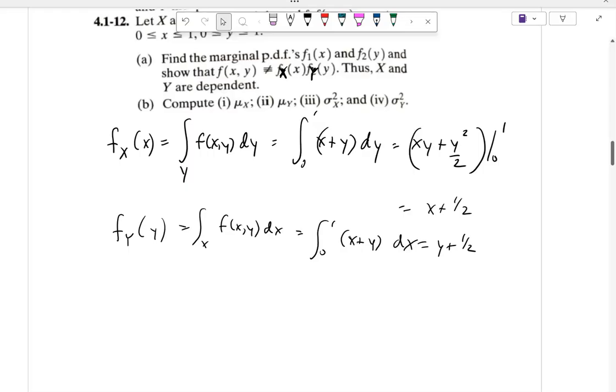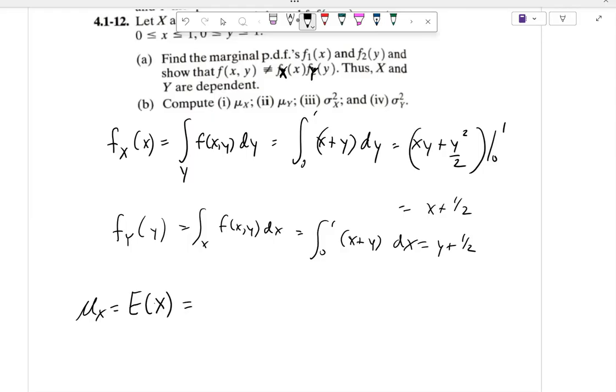When we first defined the mean, how did we define it? What is the definition of it? Expected value, right? It's the expected value of x. Same definition.